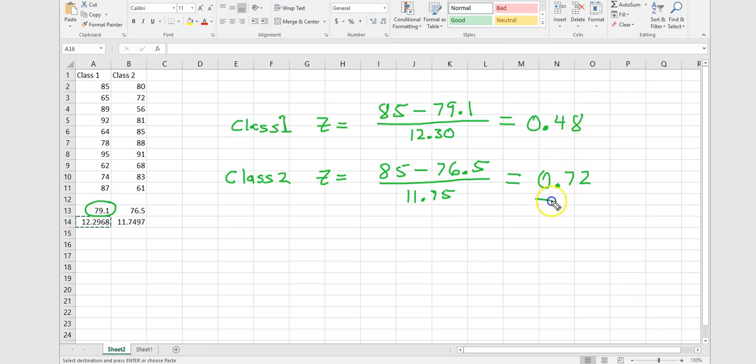Since this is the higher z-score, we could interpret that as meaning that the person in class 2, their 85 was a little better relative to the rest of the class than the person who got an 85 in class 1. So the higher z-score here represents the better test score. Now let's take a look at percentiles.